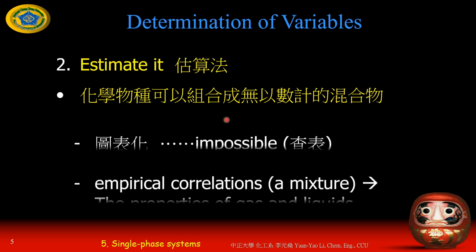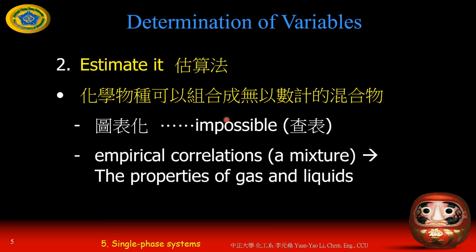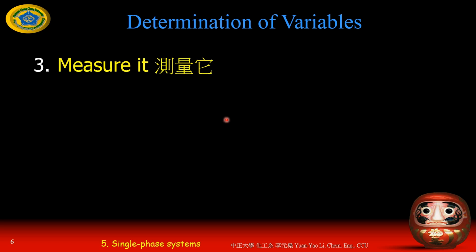So you can make a plot, make a chart, or do a simple calculation to estimate. So this is the second direction. The third direction, of course, is more straightforward. You use equipment to measure the density.